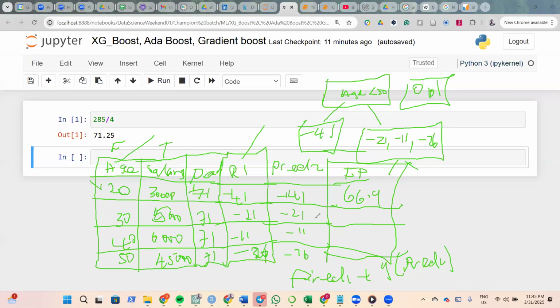This one is going to be 71 minus 2.1, which should give you 68.9. And then 71 minus 1.1 should give you 69.9.